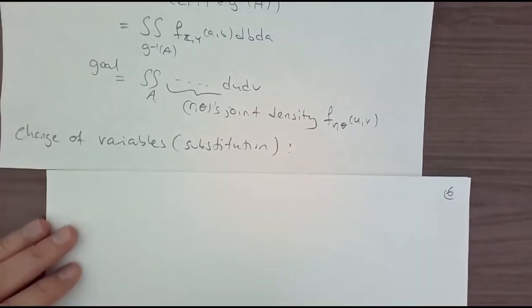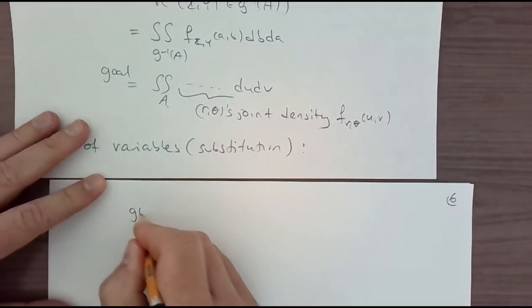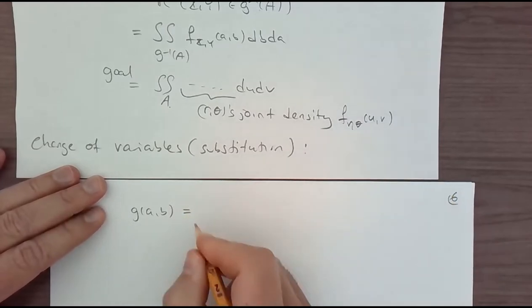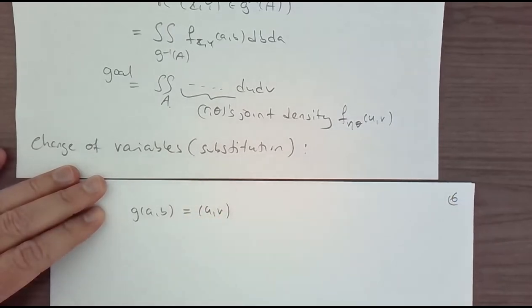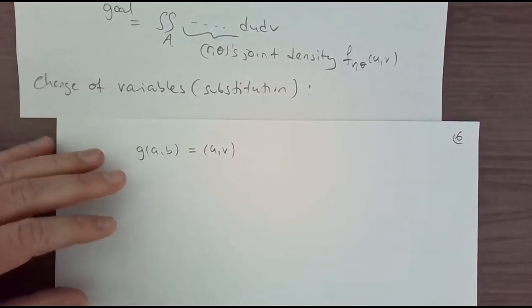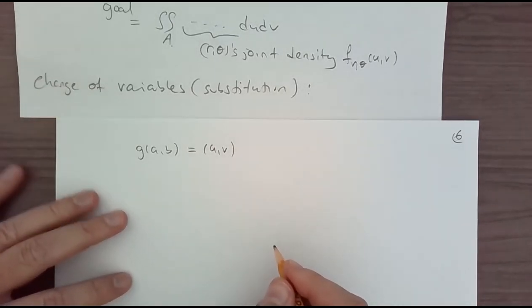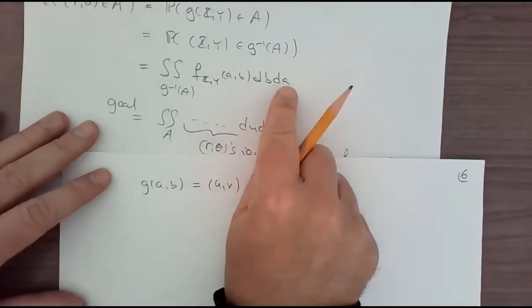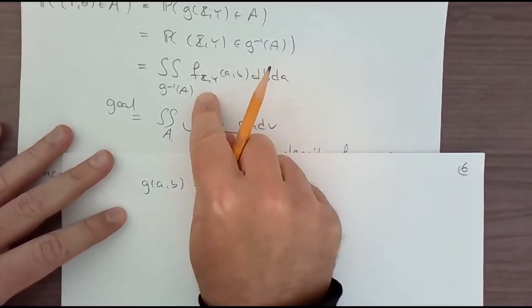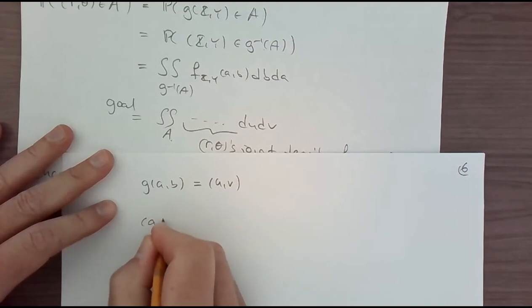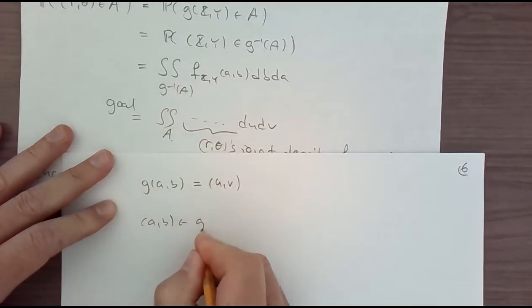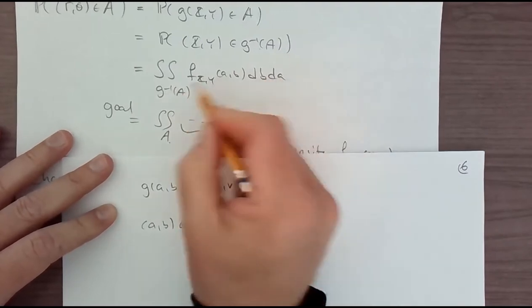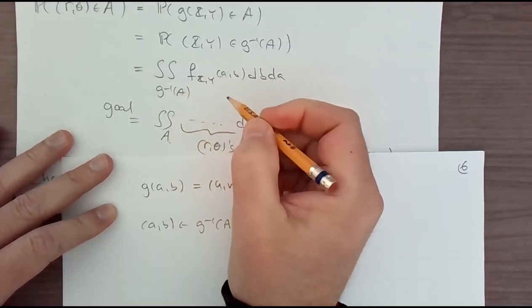We want g of (a, b) to be my u's and v's. Here I have that my a's and b's are inside g inverse of A. That's the integral I'm stuck with.